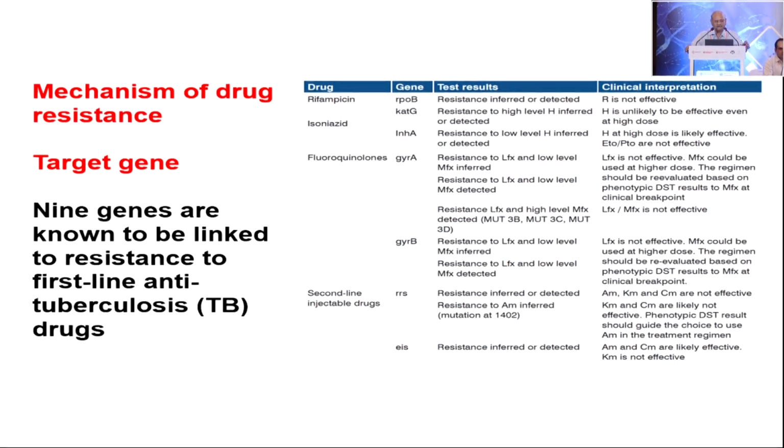There are 9 genes which are linked to resistance to first line anti-tuberculosis drugs, and the line probe assays, which are available to identify this drug resistance, utilize mutations in these genes. There are 9 or 10 genes which confer resistance to antituberculous drugs, and the line probe assay identifies mutation in one of these genes.